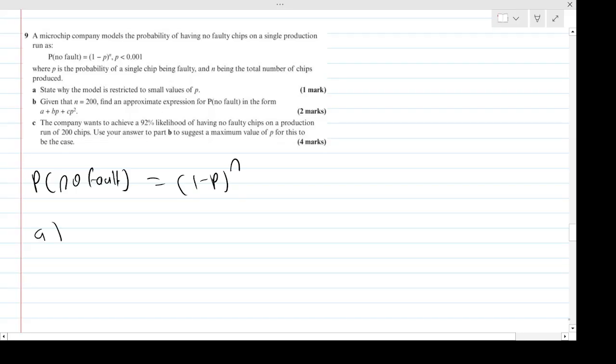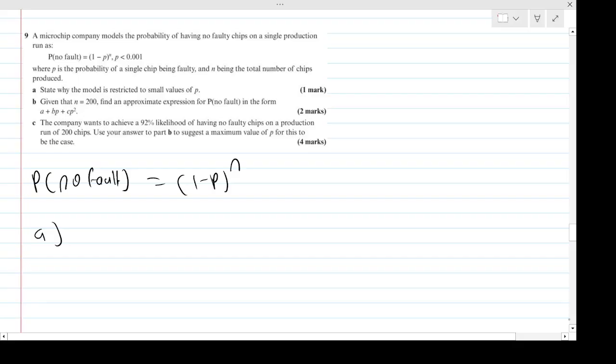First of all, then, it says state why the model is restricted to small values of p. So again, it's going back to the idea of small values being close to 0, right? So it has to be close to 0 to give a viable, proper approximation, right?